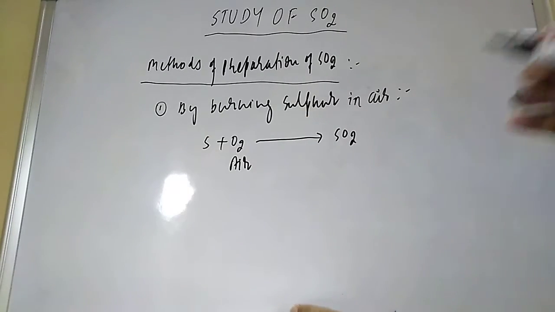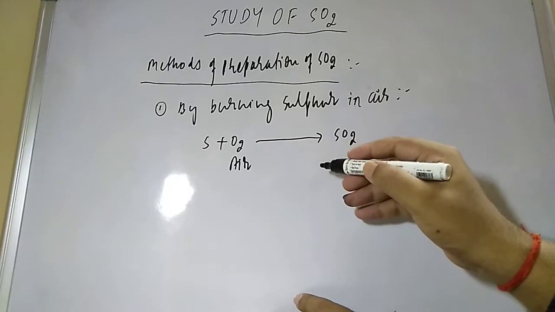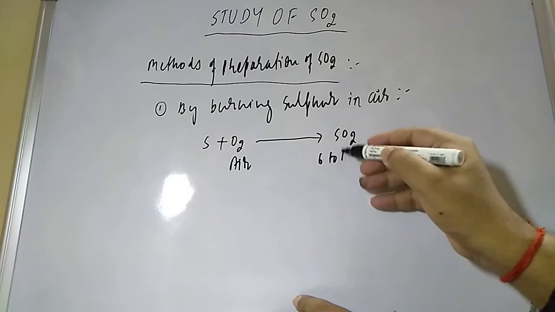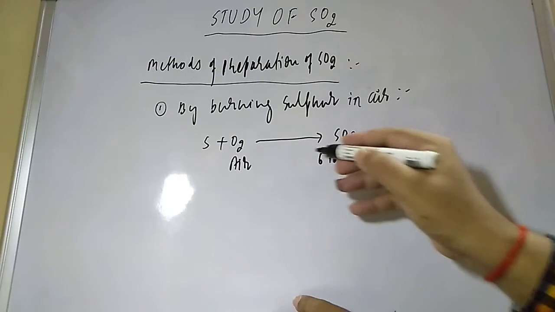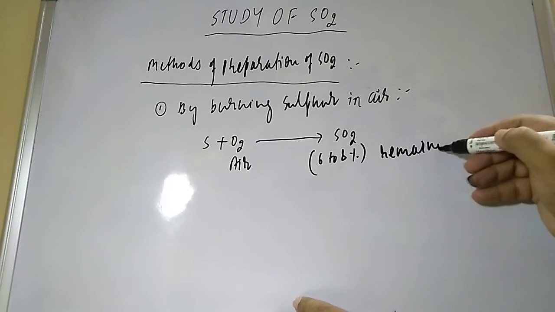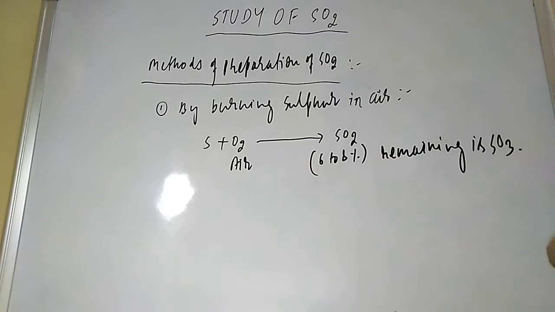So this SO2 is how many percent? If you are talking about it, students, it is 6 to 8%, and the remaining is sulfur trioxide, SO3. So how to write the statement?